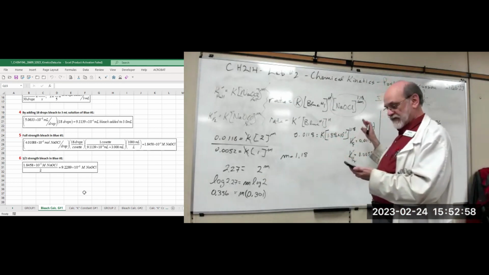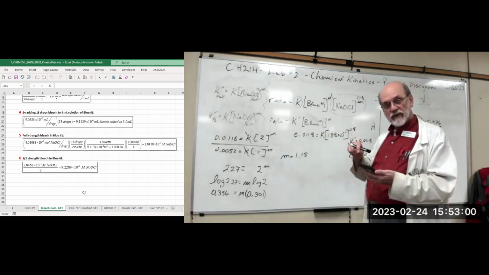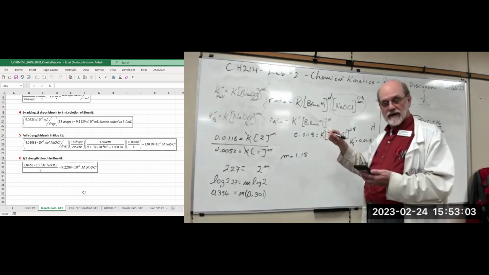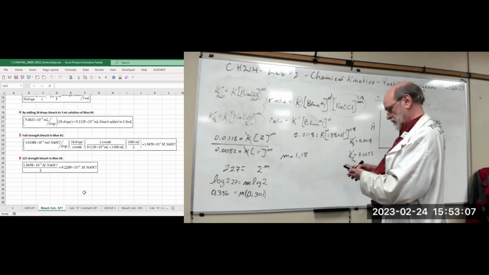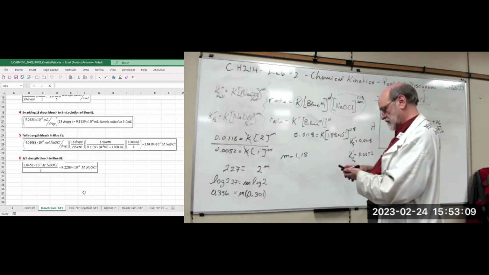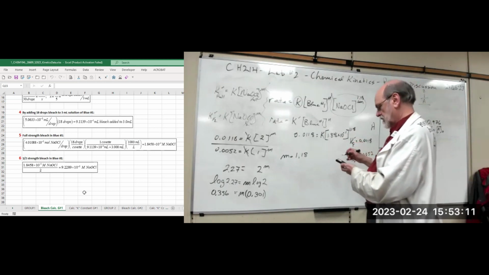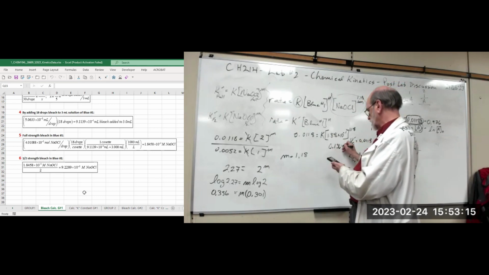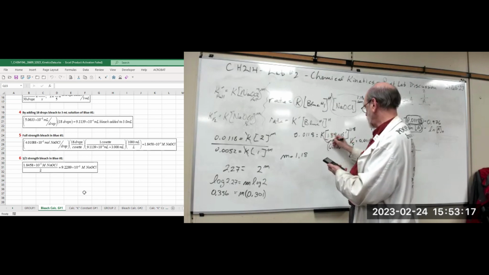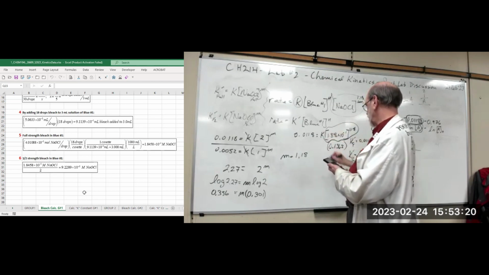But if you have the capability to do any number to any power, then use it. In this case, I'm going to click that right there. And this is 0.1362.